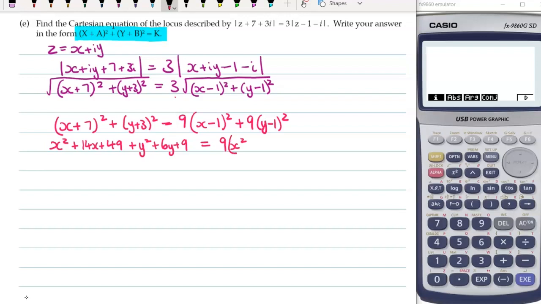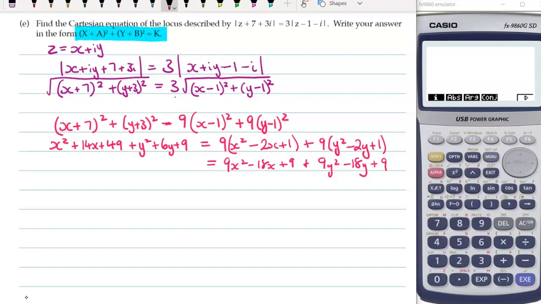Let's do this in 2 stages actually, minus 2x + 1, plus 9 times y squared minus 2y + 1. Okay, so then if we multiply these through, we've got 9x squared, 18, 9, 9y squared, 18, 9. Okay.